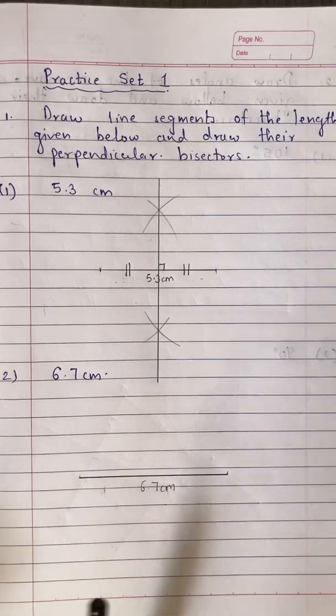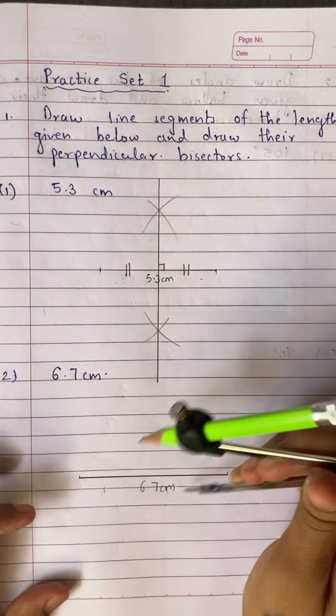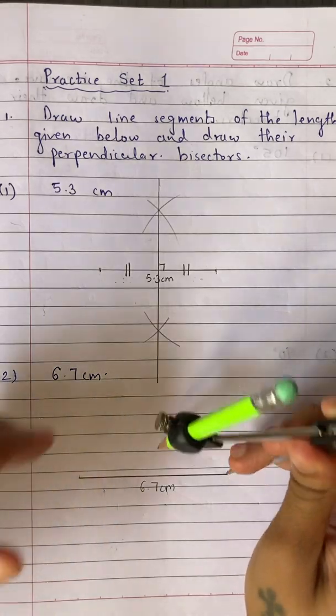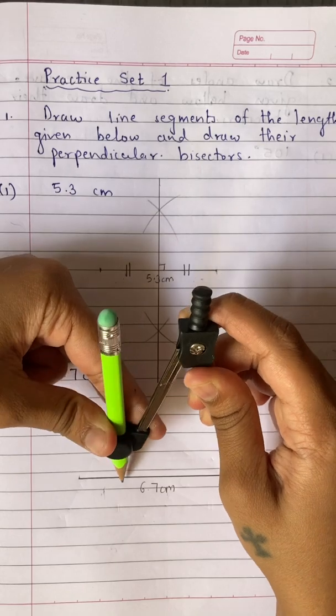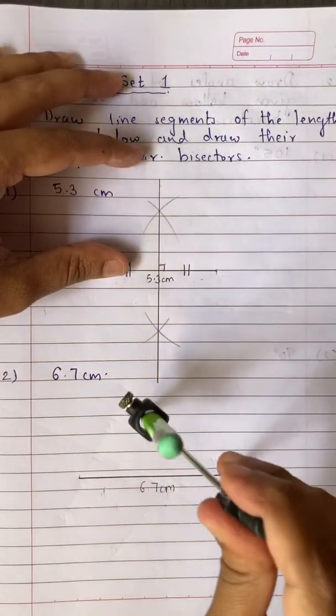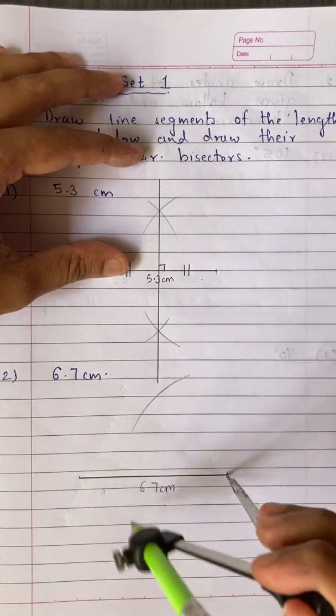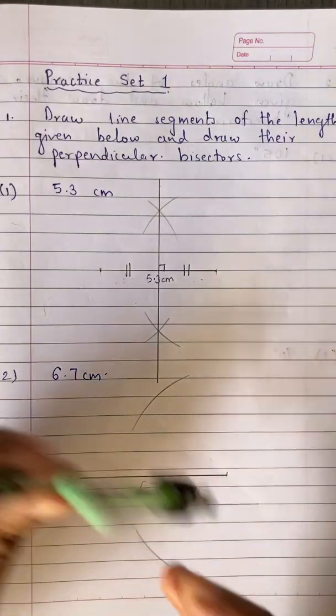centimeter. Now again we have to draw the perpendicular bisector. Take a distance which is more than half. See, this is more than half. Draw an arc up as well as down. Put on another point.